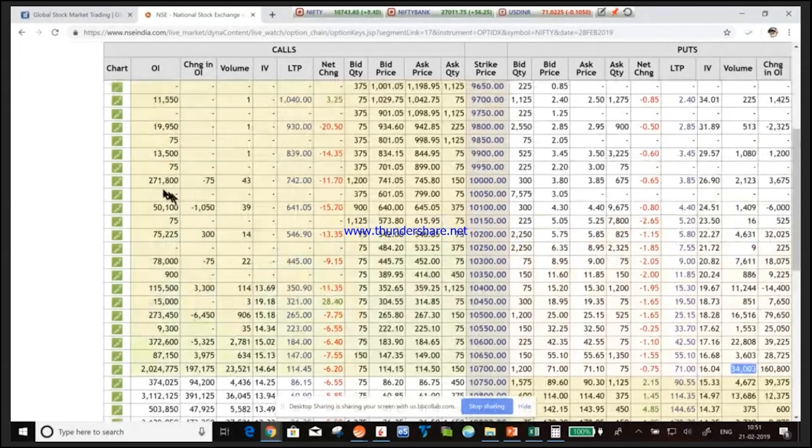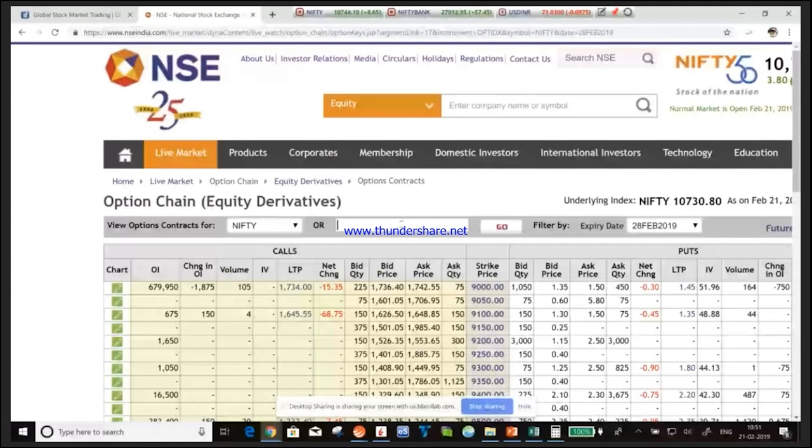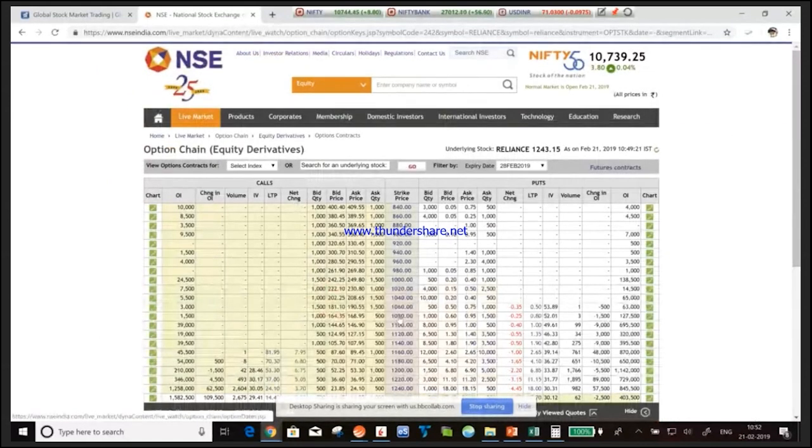Okay. So now let's take a quick look at Reliance. Usually volume you look at after the first 45 or 50 minutes. Like now you can take a look at volume, Shrikant.